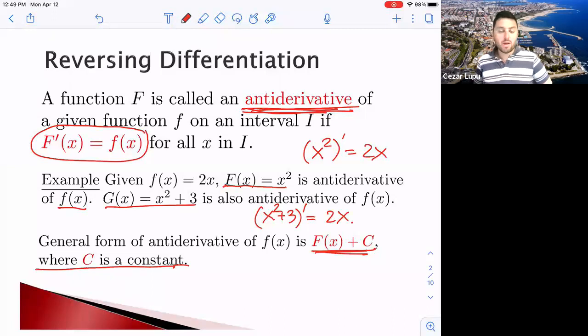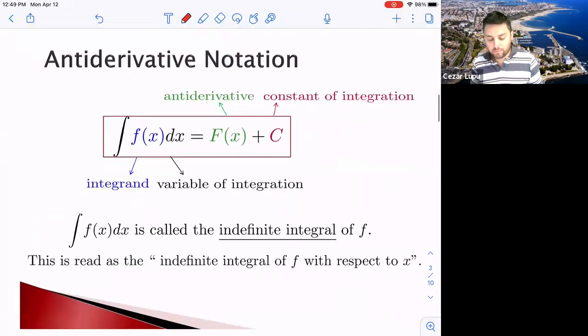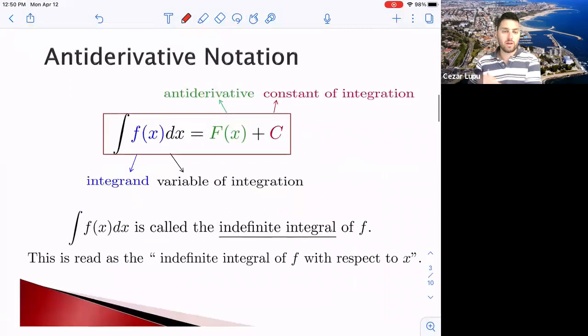And you will see that we will write this in a certain way, so we will have the following notation, and let me explain this. As you can see here, I will write the integral, this S sign or dollar sign, this is how we will denote the integral.